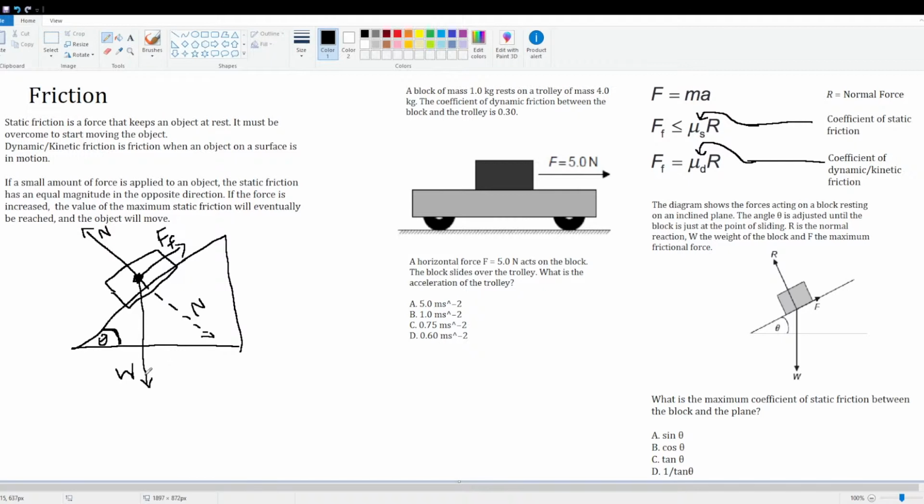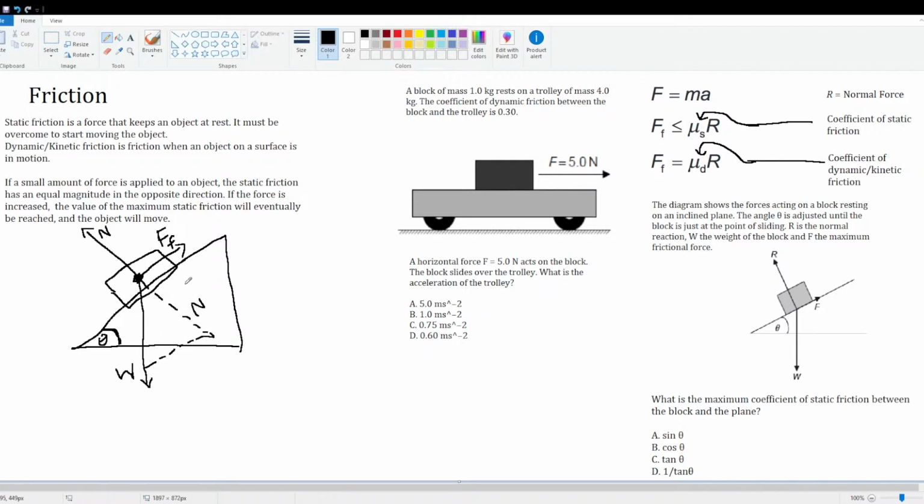And then, well, we can see here, we've got a little bit of a triangle going. Now this segment right here is also going to be equal to the force of friction, right? So this part of the triangle is going to be the normal force, and this part of the triangle is going to be the force of friction.